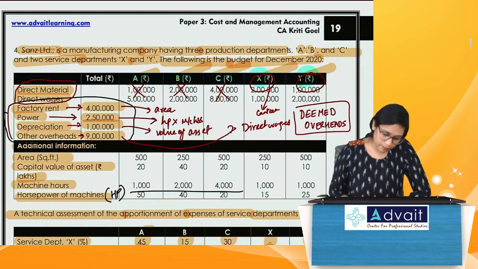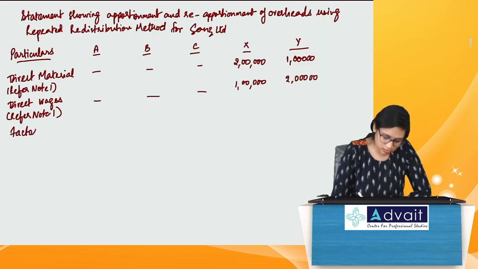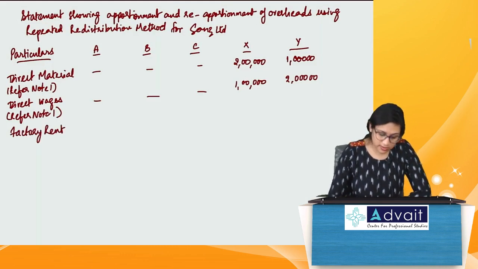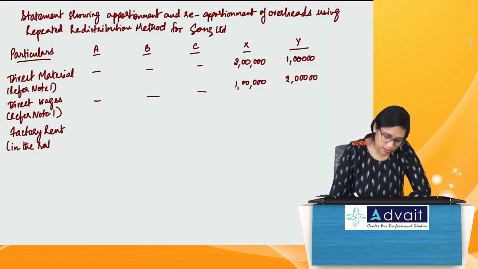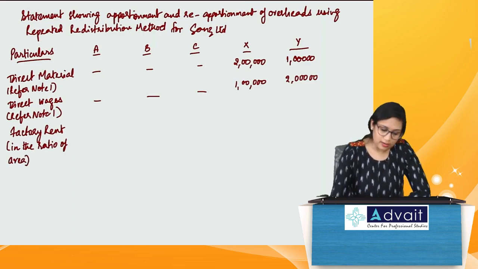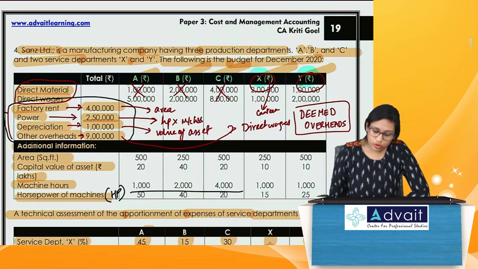Guys, next, factory rent. You told me this was in the ratio of area. So what is the ratio of area, guys? 500, 250, 500, 250, 500.